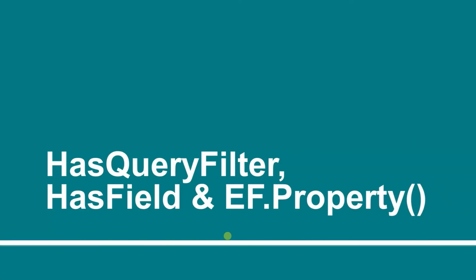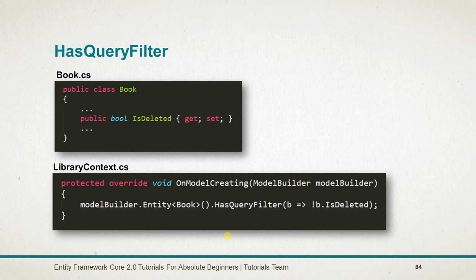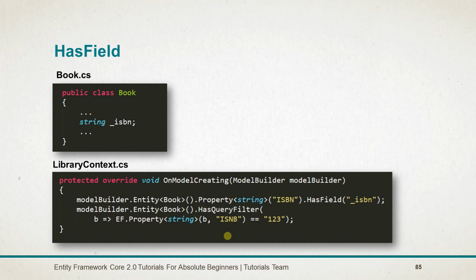Let's see what we have learned in this session. In this example we saw how to handle soft delete. However, we did not cover how to set the soft delete value in the database. To filter out data throughout the entire application, we need to use the HasQueryFilter function. We do not need to write it into all of the queries. Entity Framework will take care of it. We can also create a variable instead of a property in our model to represent the field in the table.